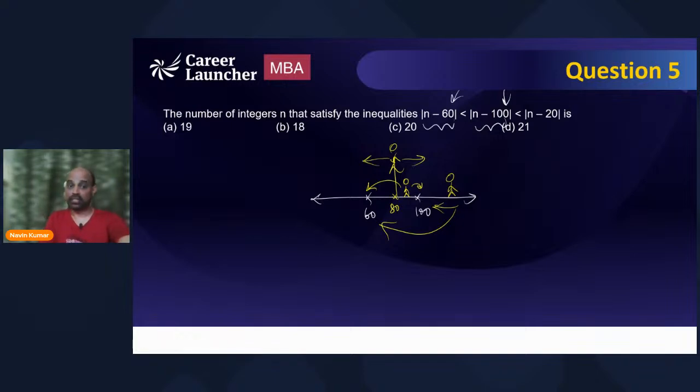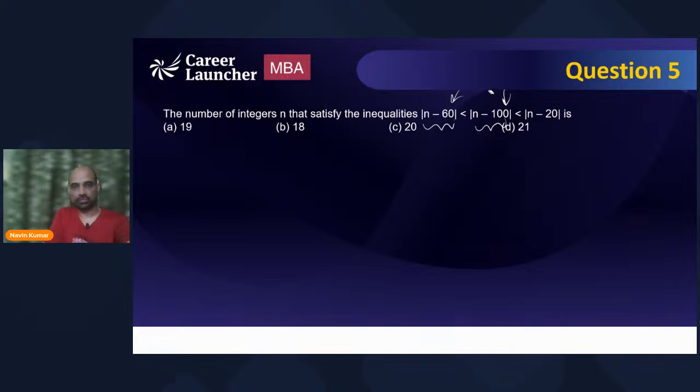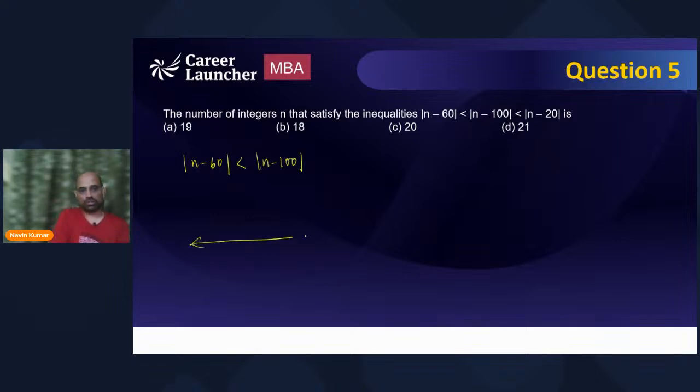If we are able to understand this, then we can very much say from the first inequality that n should be, so let me write this a little to the left, because we have the second inequality also here. So I'm saying n minus 60 is less than n minus 100. So this is 60 and this is 100.